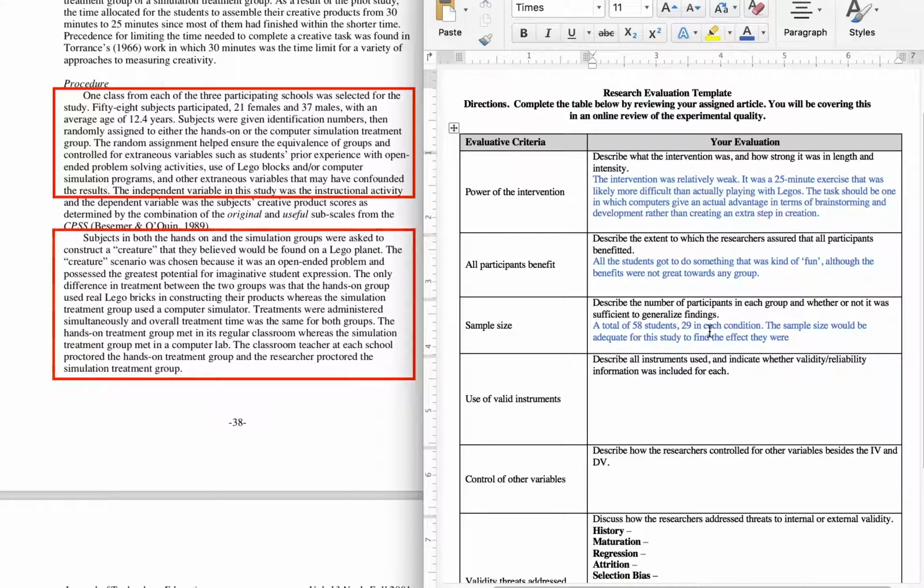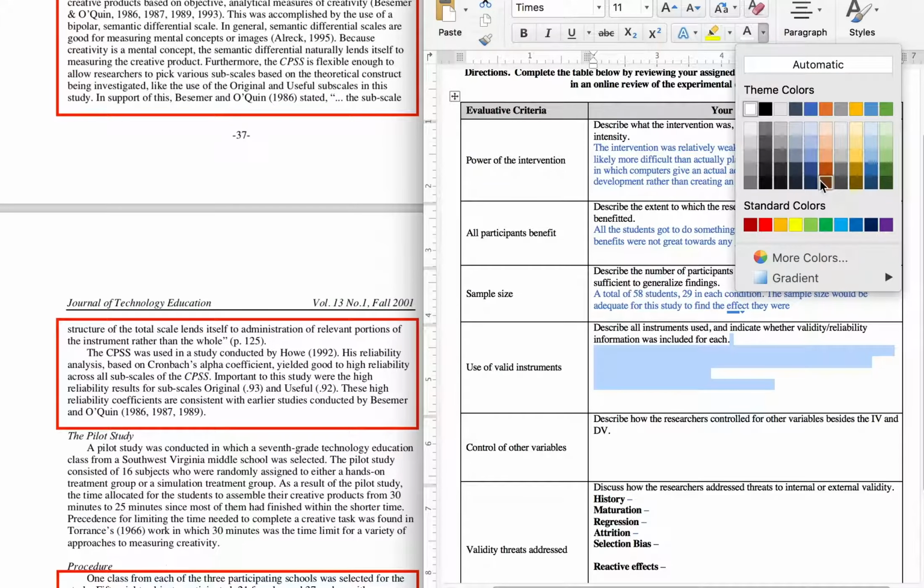As far as 29 students in each condition being enough people to determine whether or not there was an enhancement in creativity scores or creativity products, that's plenty to detect any kind of moderate or modest effect. If you wanted to find a really, really small effect, you'd need more people. But because they were running one single test, this is plenty of people. They didn't need any more. They had adequate statistical power.